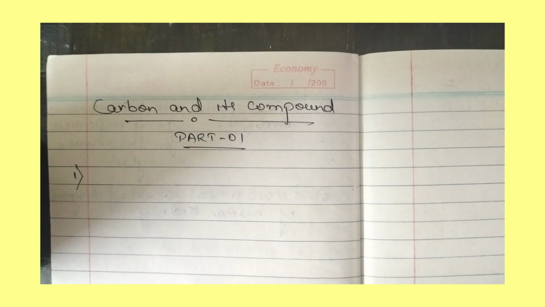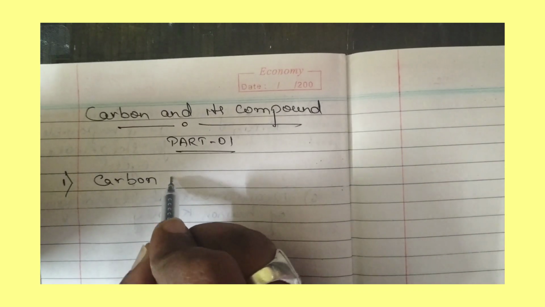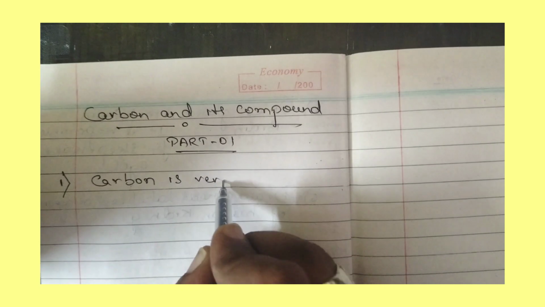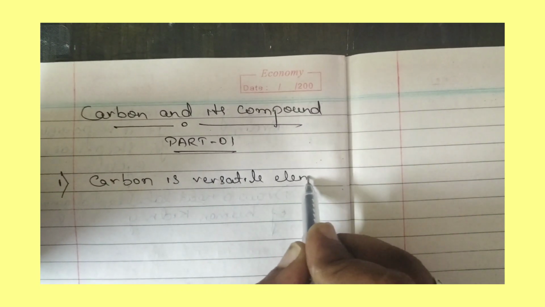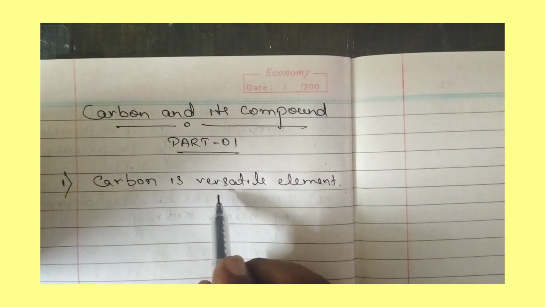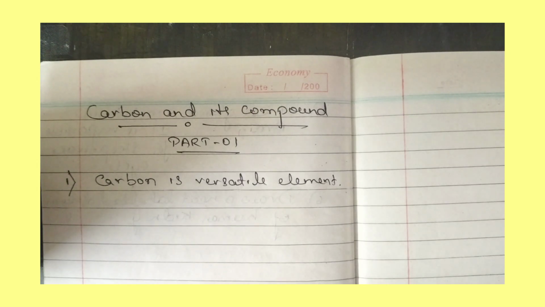The first point you have to learn is that among 120 elements, carbon is one of the elements, and carbon is a versatile element. Carbon is a versatile element. Versatile means multi-faceted. Carbon forms a single bond with other carbon or with other atoms. It forms double bonds, it forms triple bonds, and it even has the property of catenation and tetravalency.